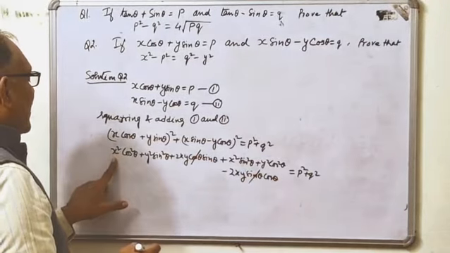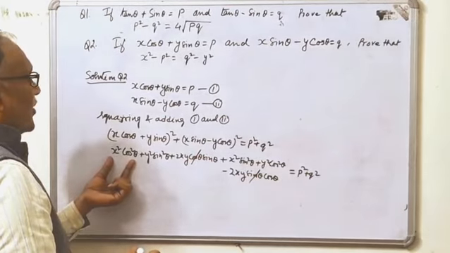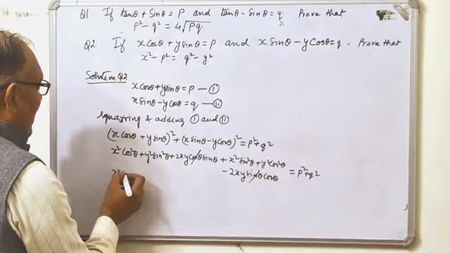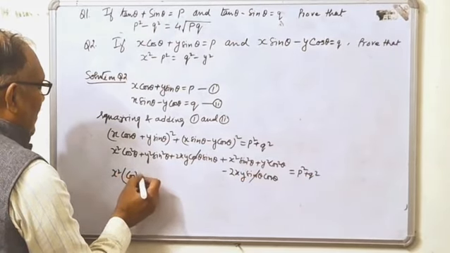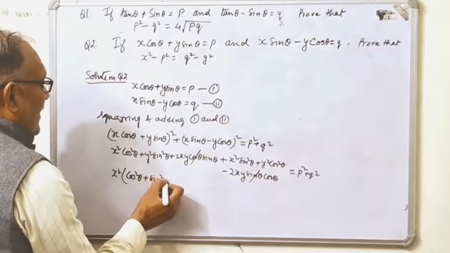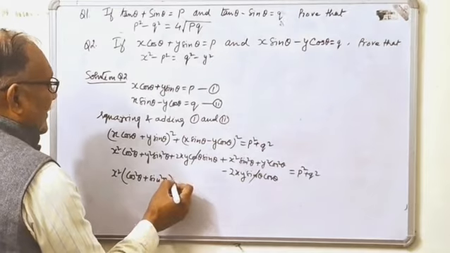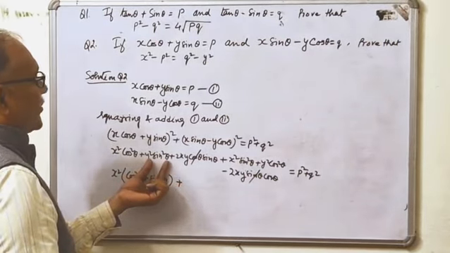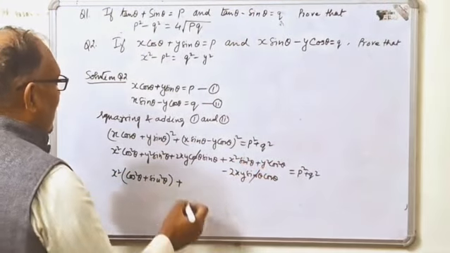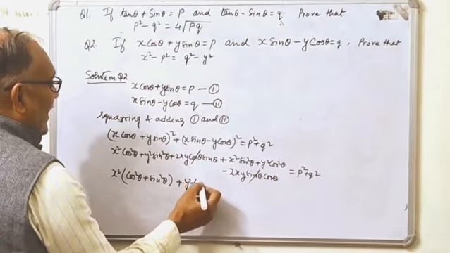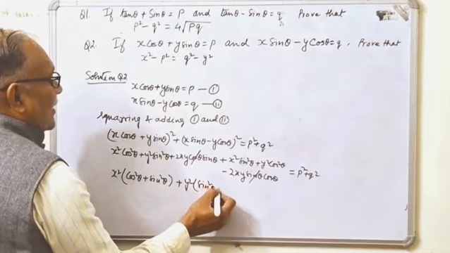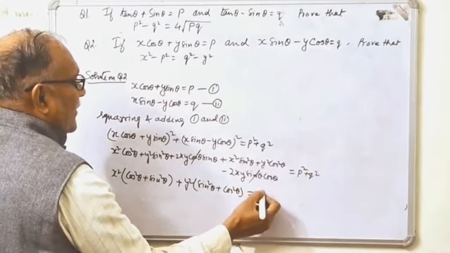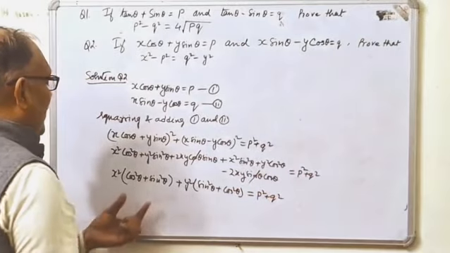Now taking x square common in x square cos square theta and x square sin square theta, we get x square into cos square theta plus sin square theta, and taking y square common in y square sin square theta and y square cos square theta, we get y square into sin square theta plus cos square theta, and on the right side we have p square plus q square.